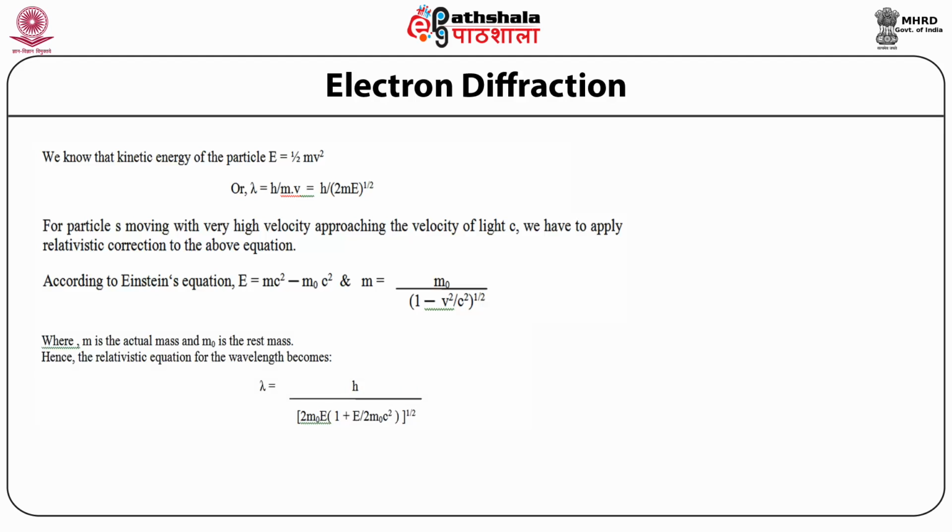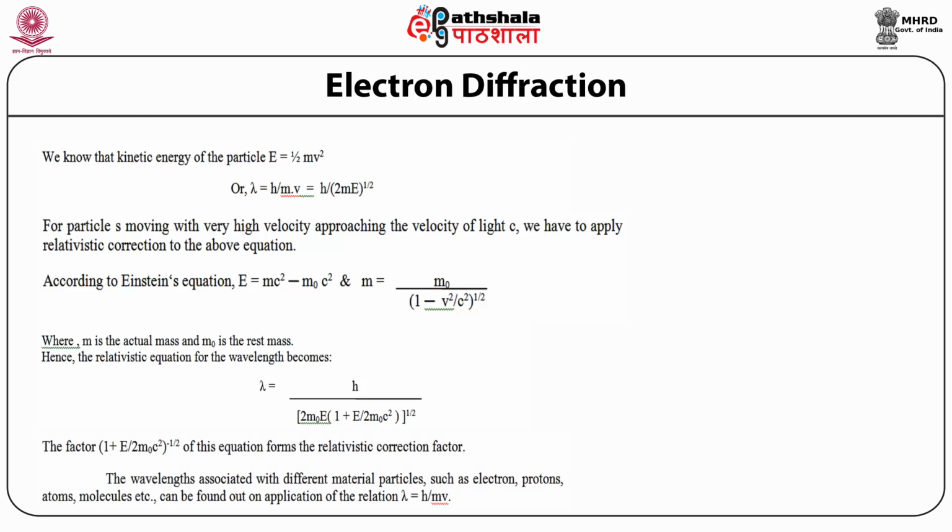Hence the relativistic equation for the wavelength becomes lambda equal to h upon under root of 2 m0 E into 1 plus E upon 2 m0 c square. The factor within brackets, 1 plus E upon 2 m0 c square raised to the power minus 1/2, forms the relativistic correction factor.